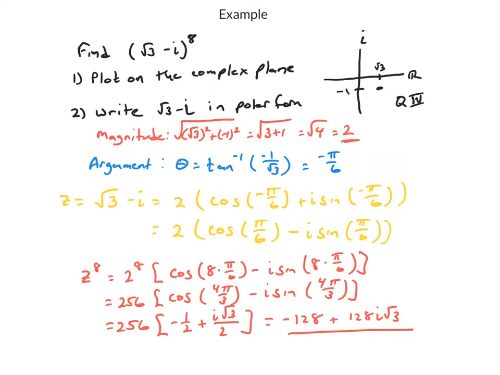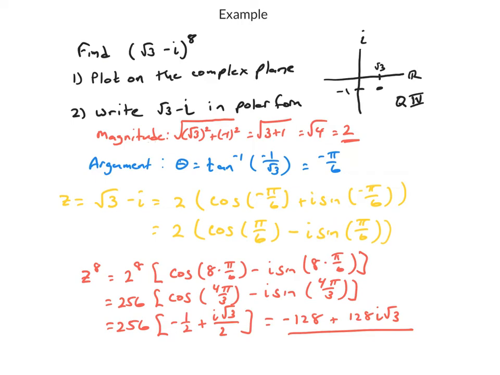If I want the rectangular form, the cosine of 4 pi over 3 is negative 1/2. The sine of 4 pi over 3 is negative square root 3 over 2, but there's a negative in front, so that will make it positive. So it'll be negative 1/2 plus i square root of 3 over 2.